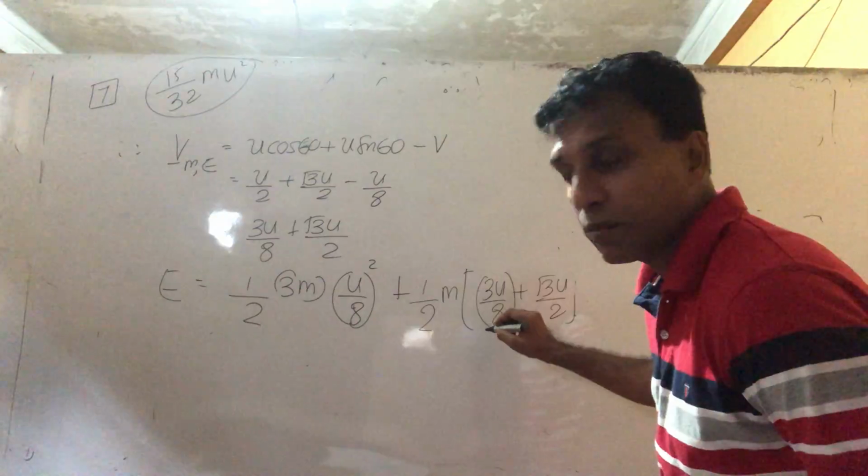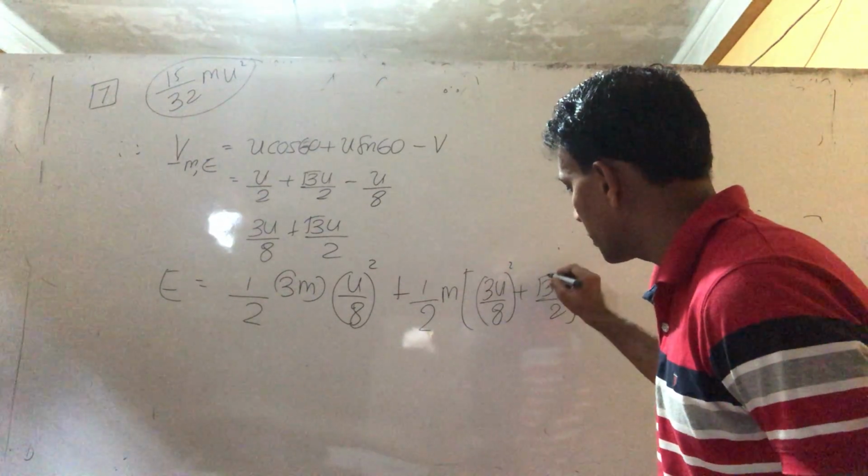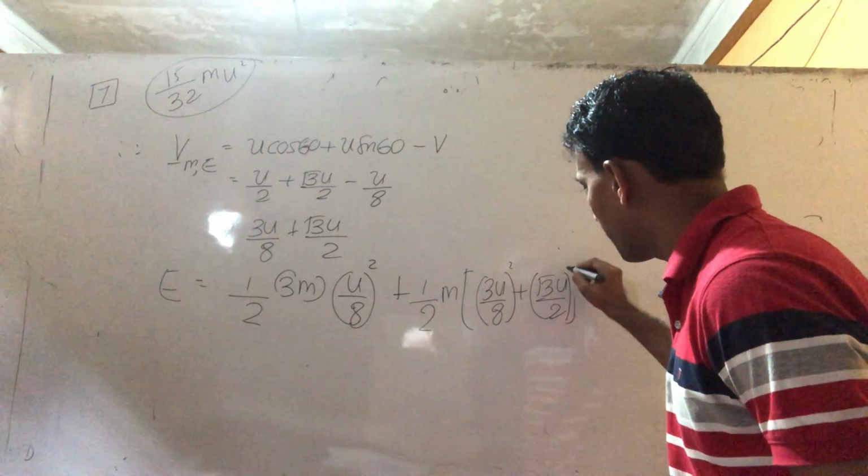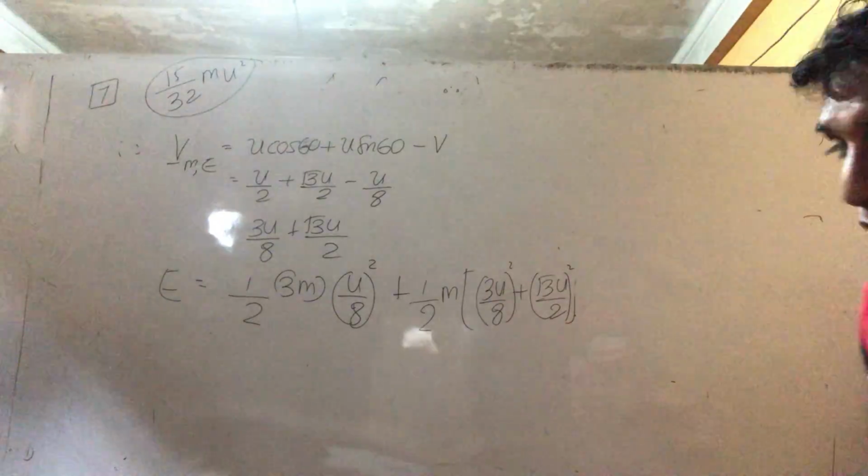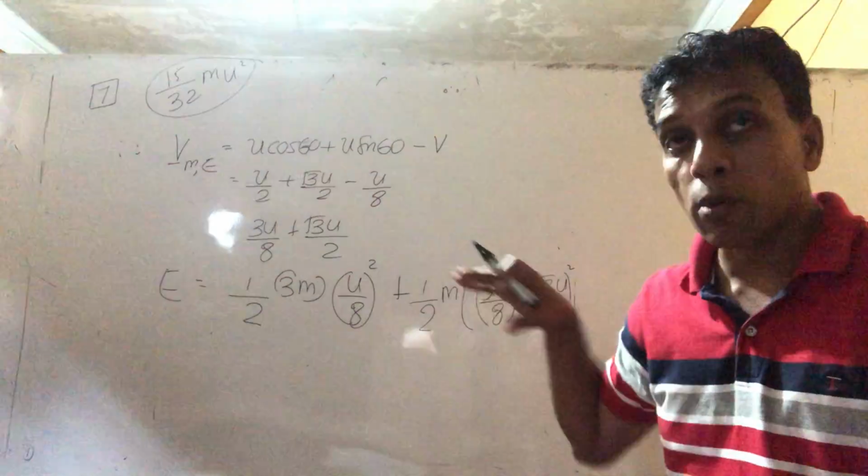Both components are available. I took the half m out. Half mv square, two components.